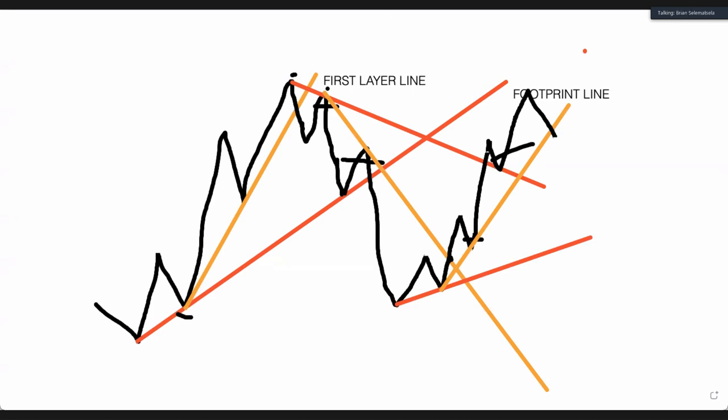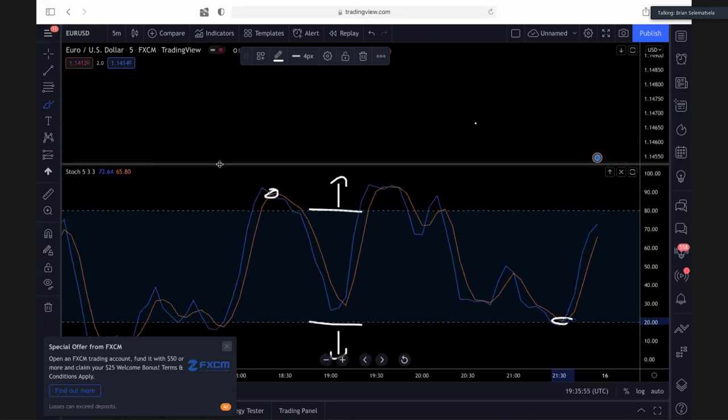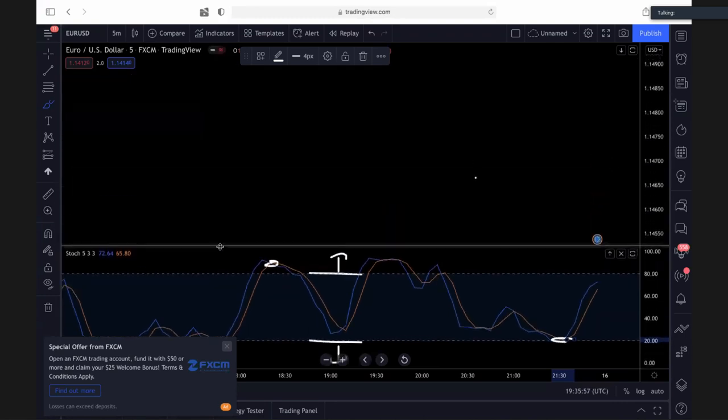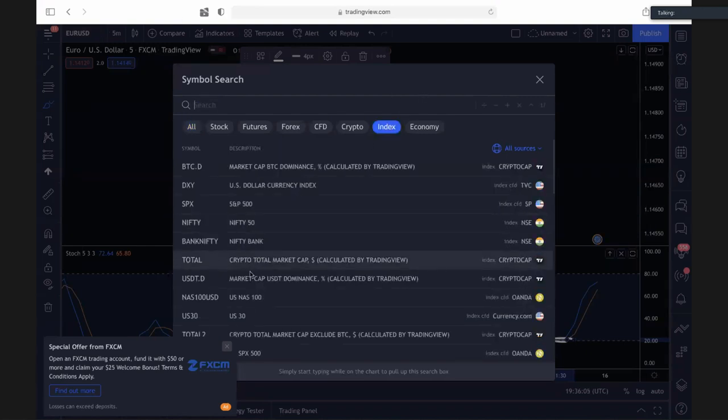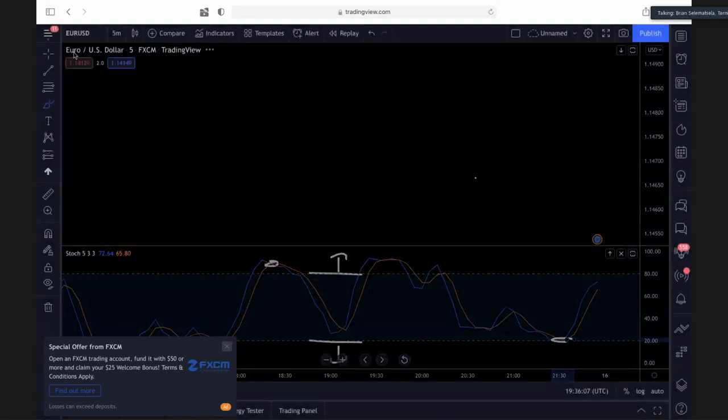So what I want to do now is show what I've shown you on the diagram, practically on a chart.